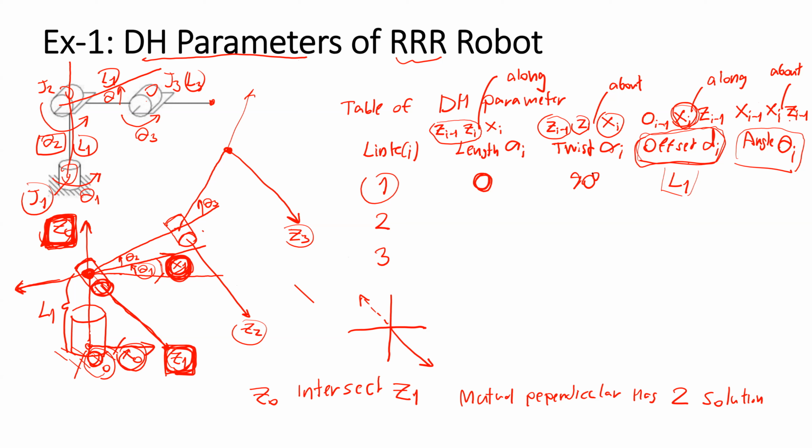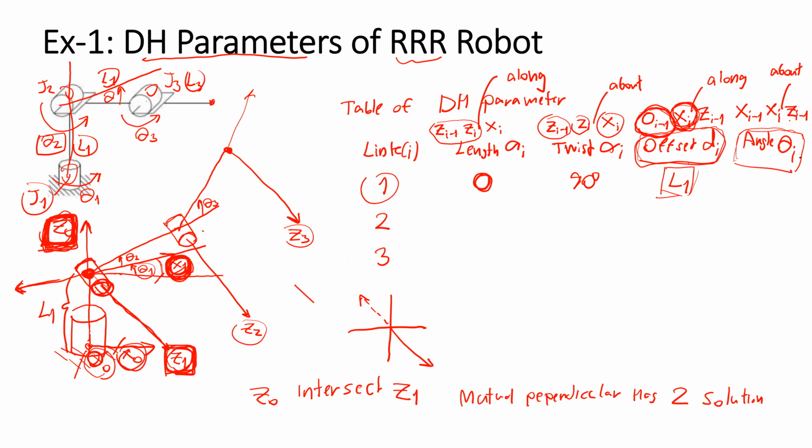How about the offset? The offset is the distance measured from the origin of the zero frame to the X1 axis, measured along the Z0 axis. So the offset in this picture is L1.